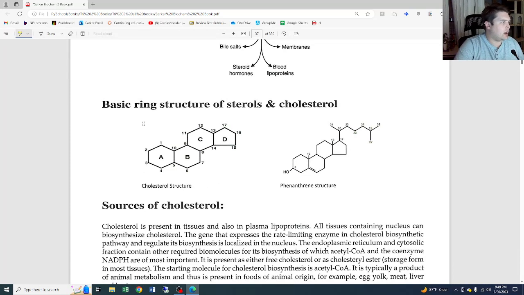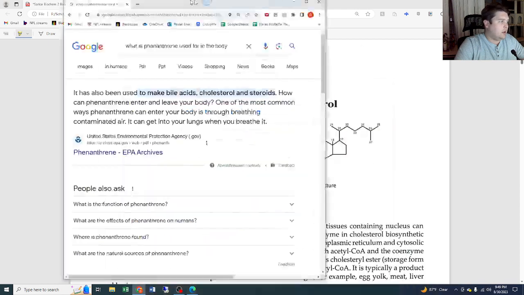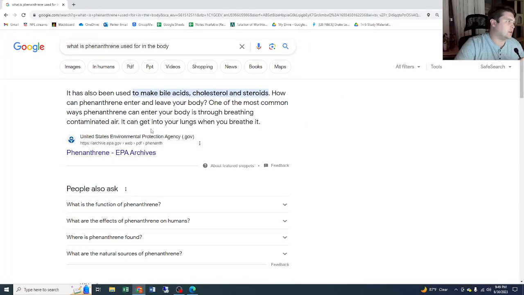Okay, so we have the basic ring structure of our sterols and our cholesterol. Here's our cholesterol structure. And then our phenanthrene structure. Let me double check. Okay, so phenanthrene is very much like cholesterol as well, and it's used to make bile salts or make cholesterol as well as steroids.